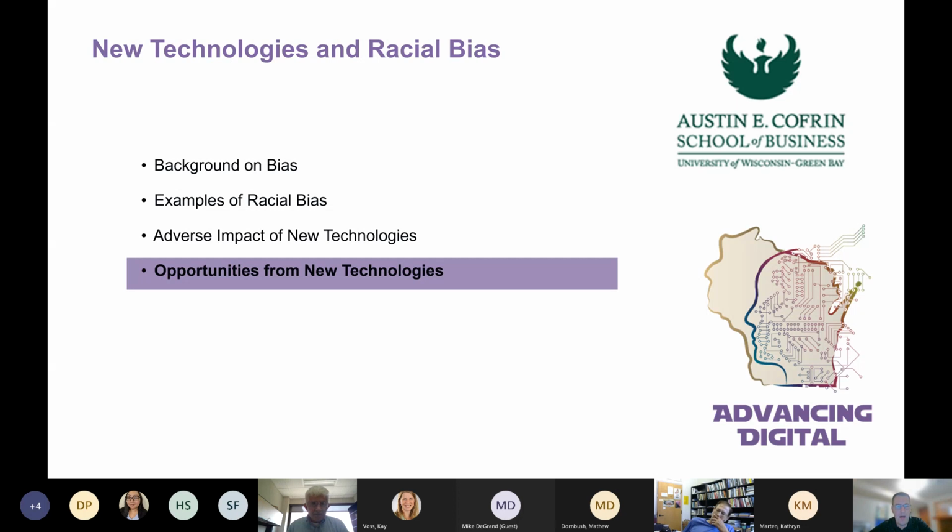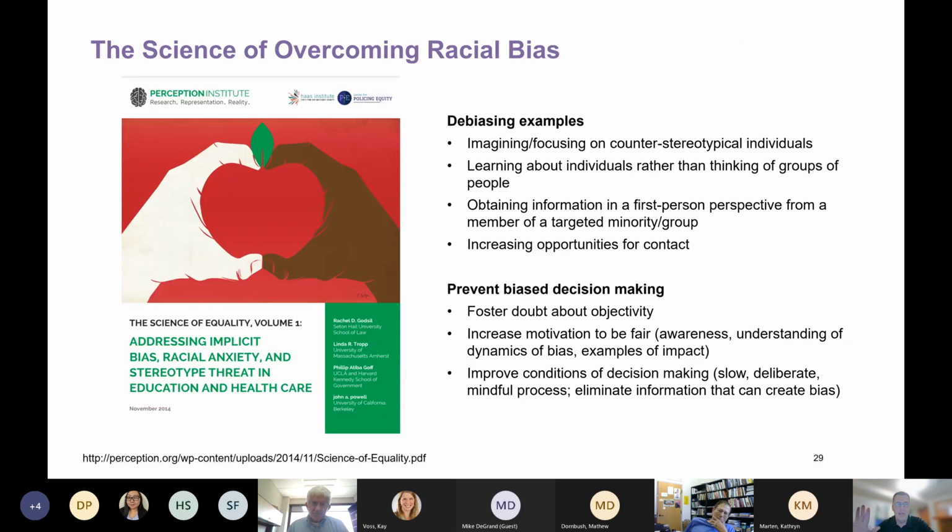All right, then let's look at opportunities that come from new technologies. So again, I'm going to take a step back first before I get into the technology. This is a great report here on the background of racial bias, and it has a chapter in it on interventions. So what can be done to overcome racial bias? And so there are some examples of de-biasing.